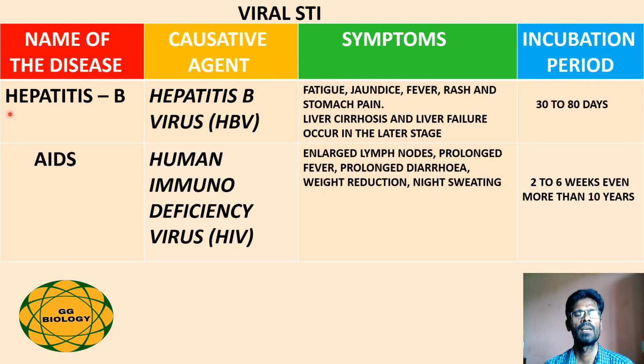The next disease is hepatitis B, caused by hepatitis B virus, and the symptoms are fatigue, in the sense of being tired, jaundice, fever, rashes and stomach pain. Liver cirrhosis and liver failure occur in the later stages. The incubation period is 30 to 80 days.